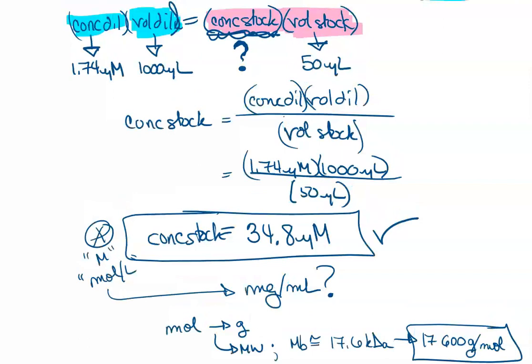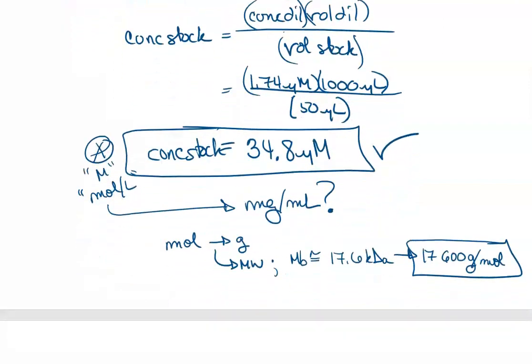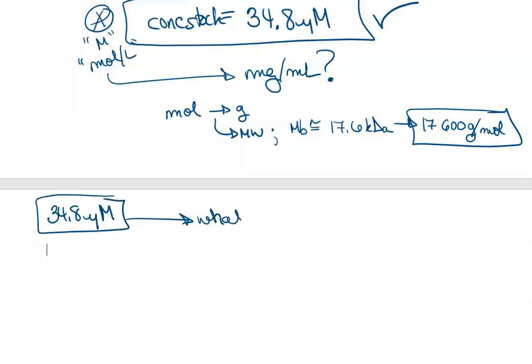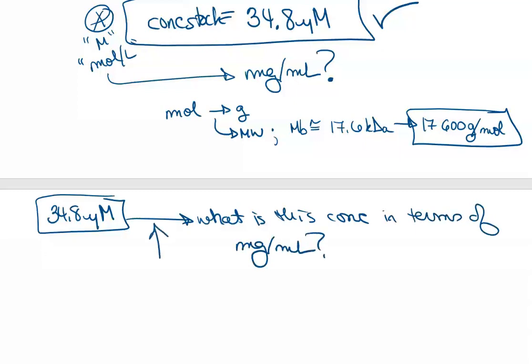So let's move on and do some figuring here. I have to move to the next page. We have a concentration of myoglobin that is 34.8 micromolar, and we want to know what this concentration is in terms of mgs per mil. To do that, we need the molecular weight of myoglobin, which is 17.6 kilodaltons.